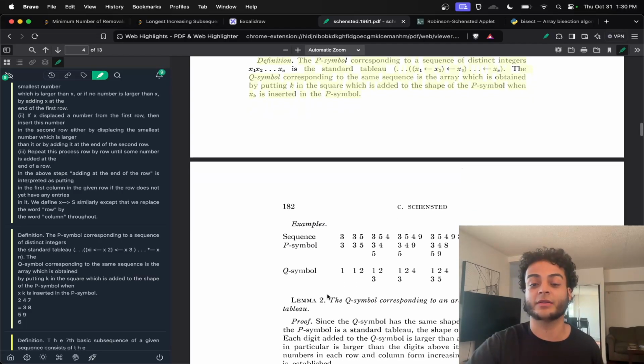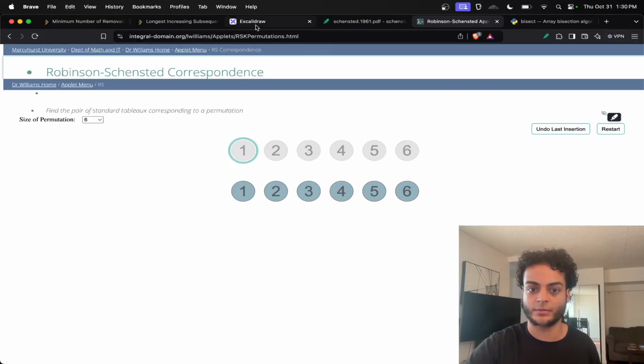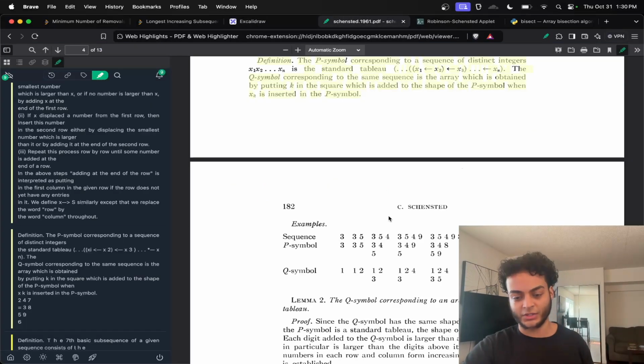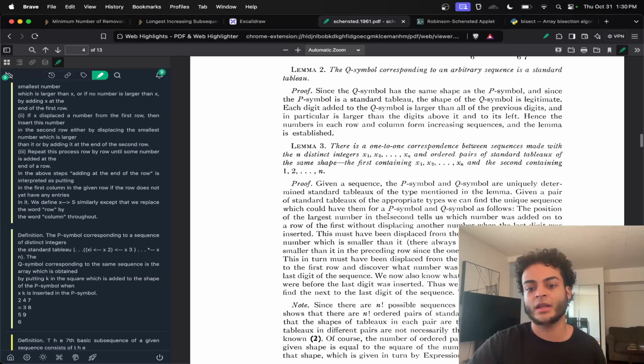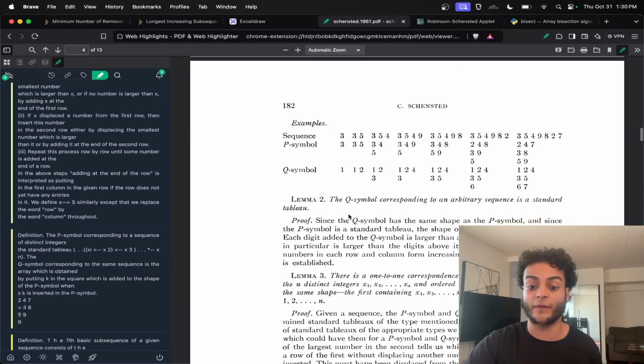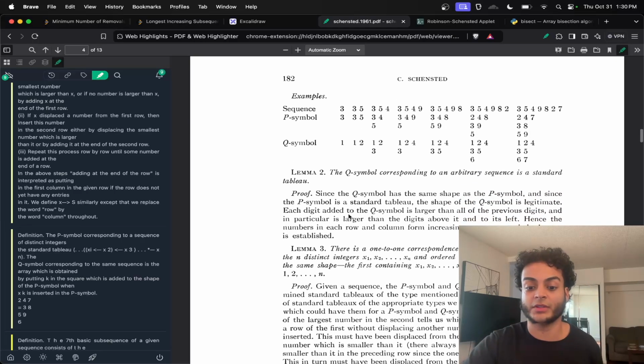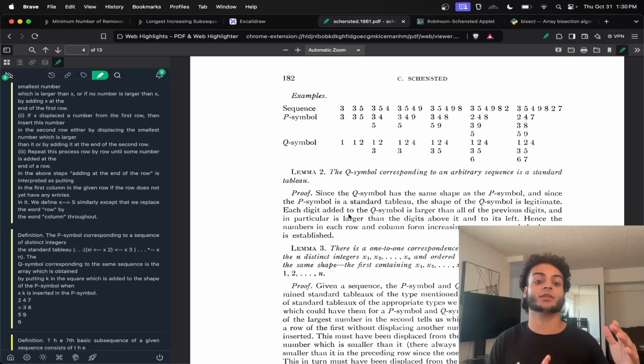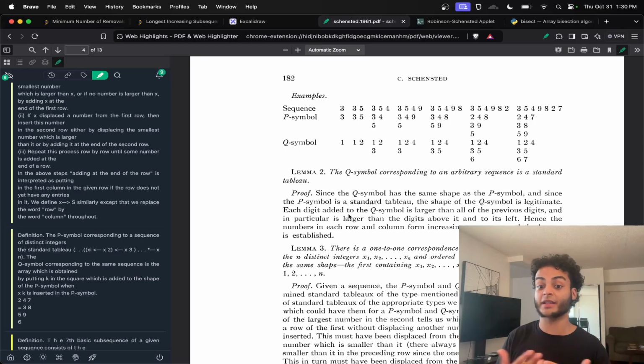Versus if we only did it for the first n natural numbers, like in our little animation here, then we would call it the Q symbol. And the utility of having the Q symbol is that it's a bit easier to talk about correspondences and stuff. So if you want to learn more about, I think there's something called the Schensted Correspondence, which maps these tableaus to permutations of the first n integers.